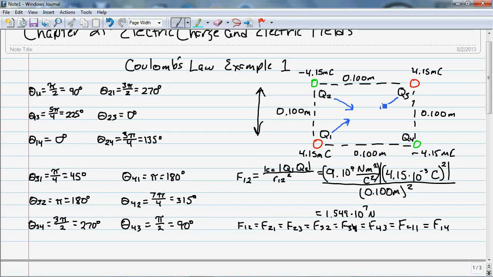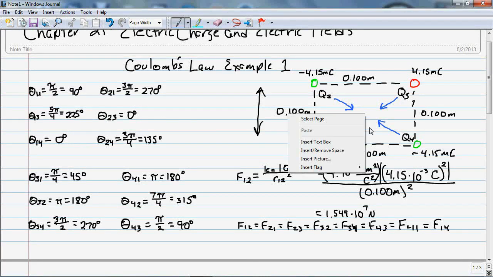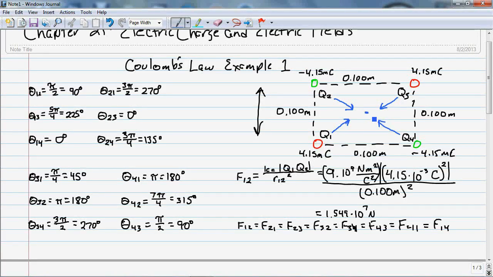Charge 3 is going to be in the direction of 225 degrees, and charge 4 is going to be in 135 degrees. They're all pointing towards the center of this square.